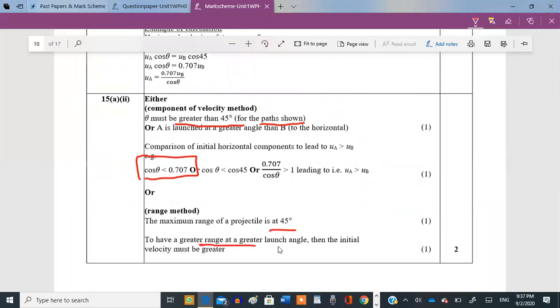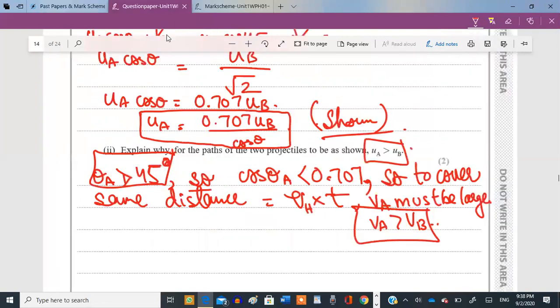To have a greater range at a greater launch angle, the initial velocity must also be greater. Range means the horizontal distance that it has covered. And this range that they have given us, it is also a fact that at 45 degrees, the distance covered in the horizontal direction is maximum. So to have a greater range at a greater angle, the velocity must have a larger value.